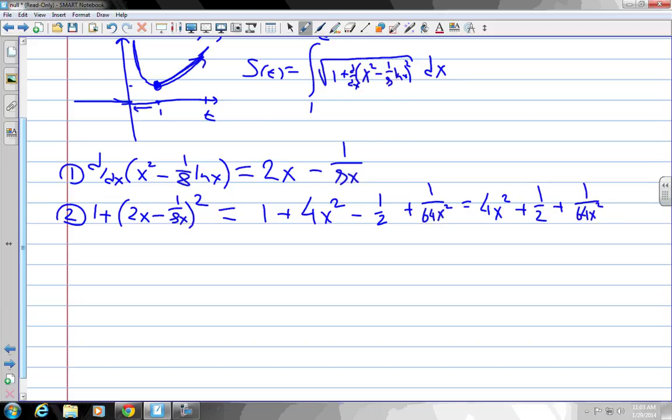So that means this can be factored back into 2x plus 1/8x, squared. Is that okay? I know that this came from that. The only thing that changes is the sign in the middle, so I'm just going to change that sign.